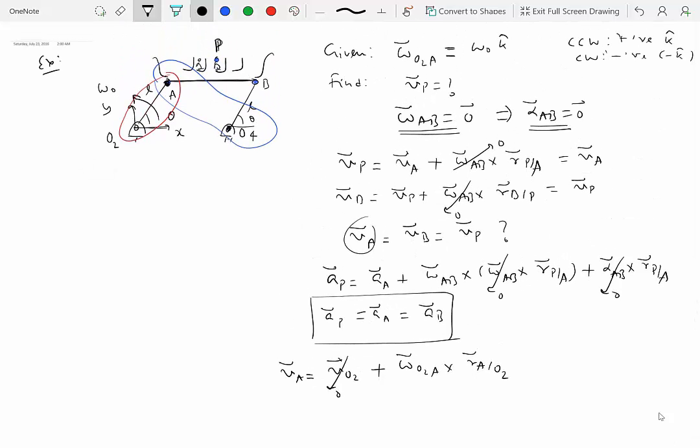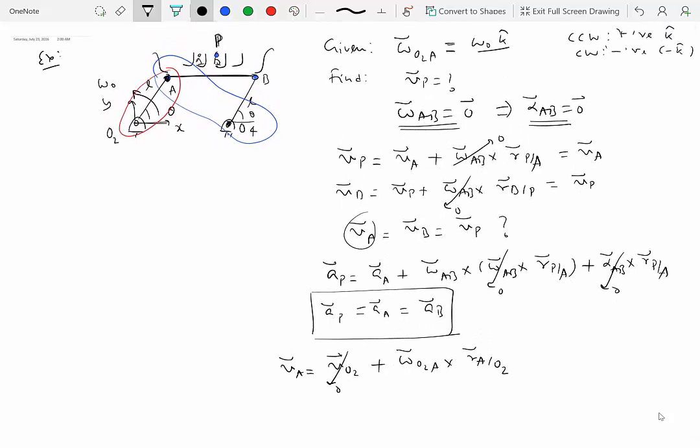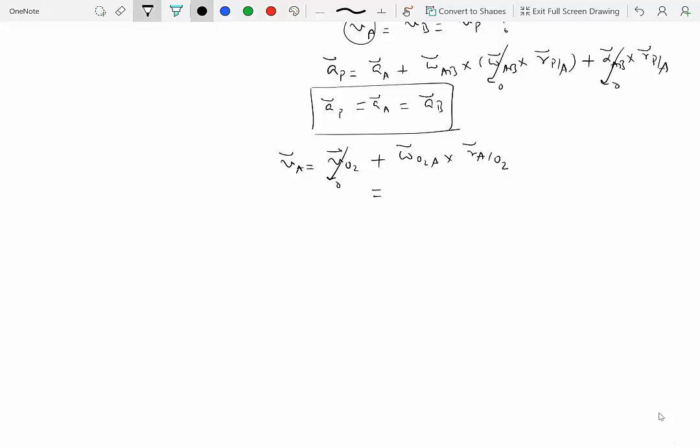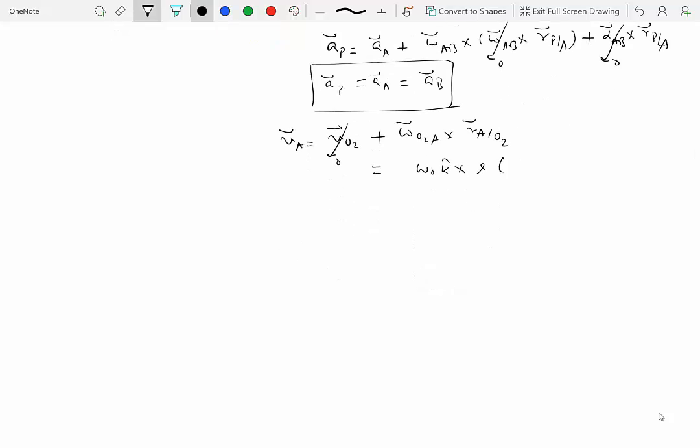So what is omega of O2A? It is given to you as omega 0 k hat. So let's substitute that: omega 0 k hat. What is R of A with respect to O2? That is this position vector, which is equal to L cosine theta i hat plus sine theta j hat.